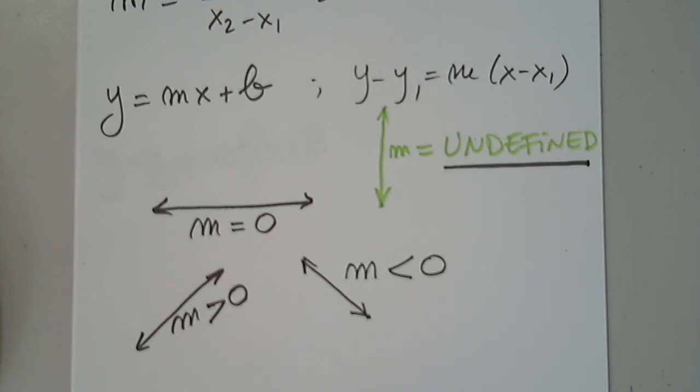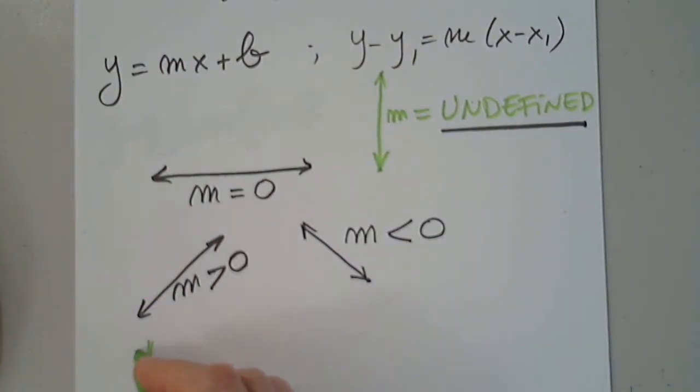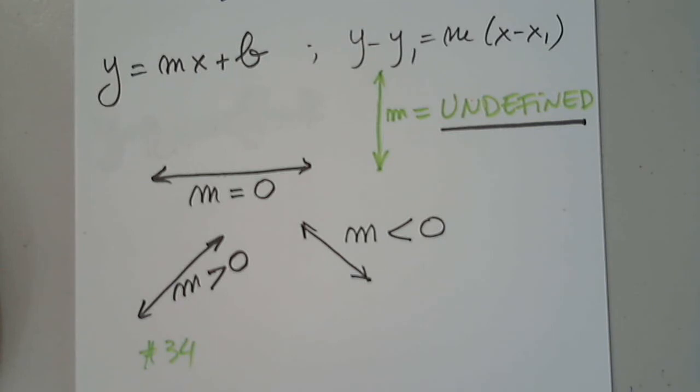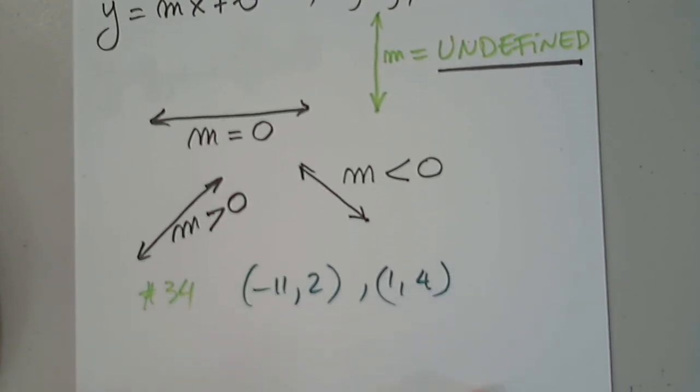If you allow me, thank you so much. I am going to choose 34. For 34, we have negative 11, comma 2, and 1, comma 4. The question here is to find the equation of the line passing through these points.